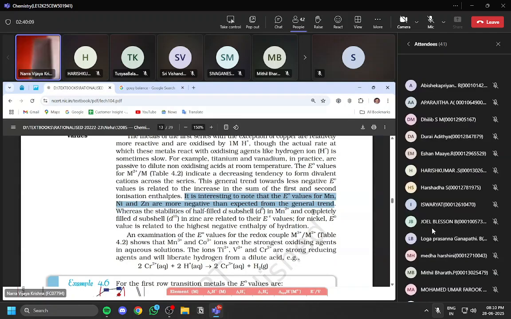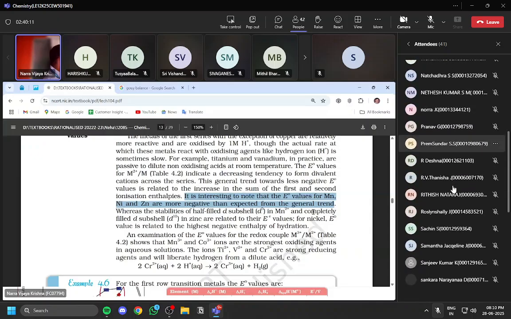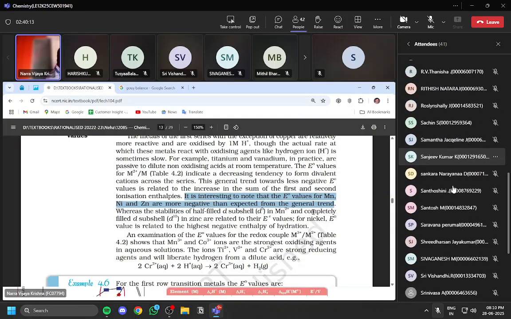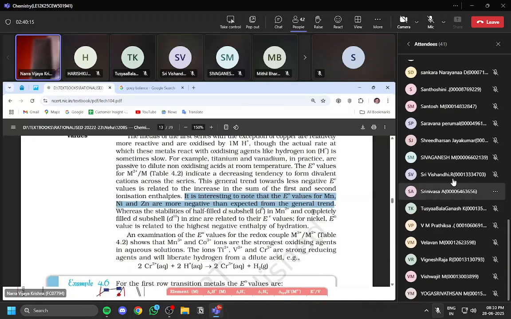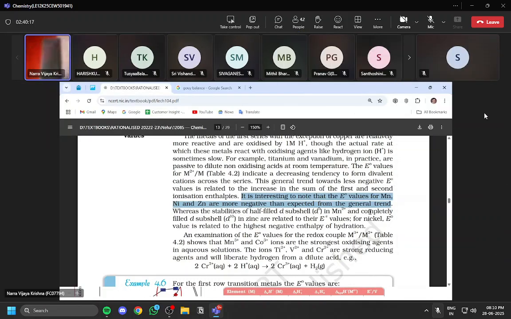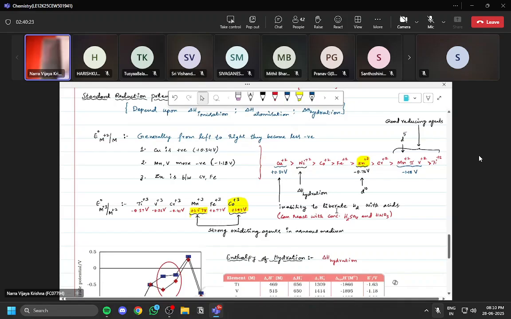Reason: in the case of manganese, the configuration is d5. In the case of zinc, it is d10. And for nickel, it is the high negative enthalpy of hydration. Done or not? Next.